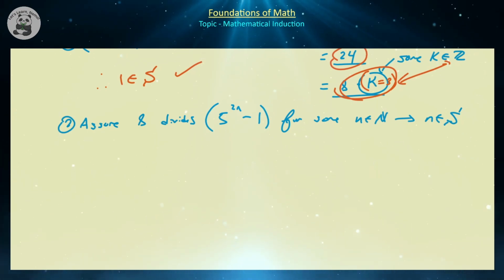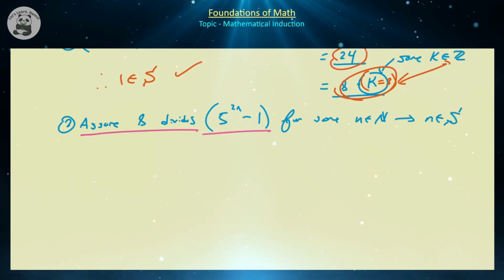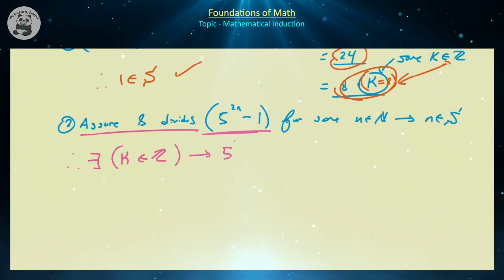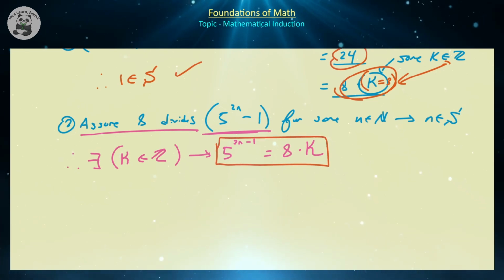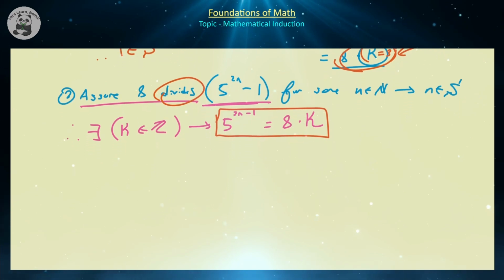So what do we mean exactly when we assume that 8 divides that particular object? That means that there exists some integer k such that 5 to the 2n minus 1 can be represented as the product of 8 times that integer. So we're assuming that there exists an integer k such that this is true. That's what we mean by 8 divides that number.